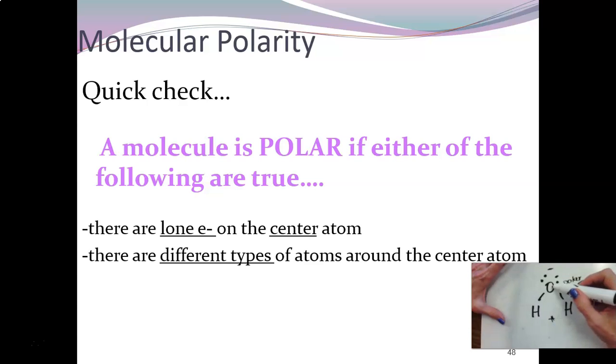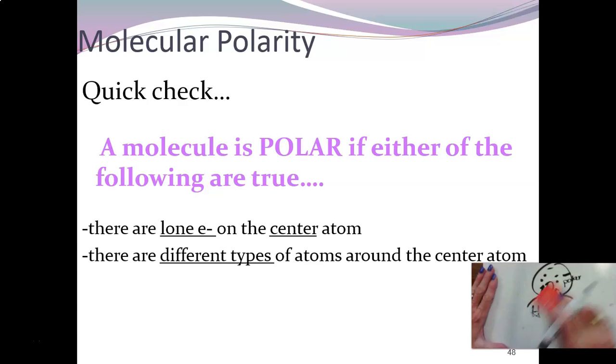Oxygen has a greater electronegativity than hydrogen. So that means the electrons are going to want to be this direction, closer to oxygen, giving this side an overall negative charge, and this side of the molecule an overall positive charge. So that's the first instance, if there are lone pair electrons on the center atom.